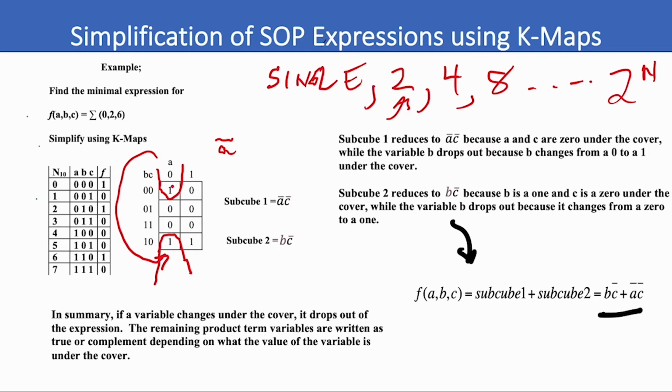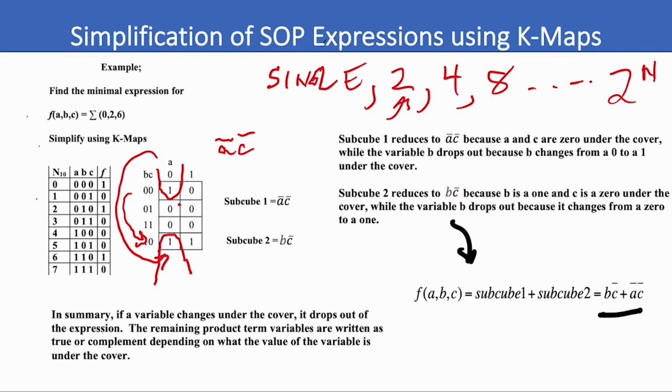Okay, and then we have to look at the B and C. If we look at the B and C values, there's 4 values. And when we look at the cover of this one from here to here, what changes under this cover? Well, B and C is a 0, 0 here, and B and C is a 1, 0 here. And we can see that the B went from a 0 to a 1 under this cover, okay? So what that says is the B drops out of the product term. So what we're left with is whatever the value of C is, and the C is a 0, so that's a C bar.